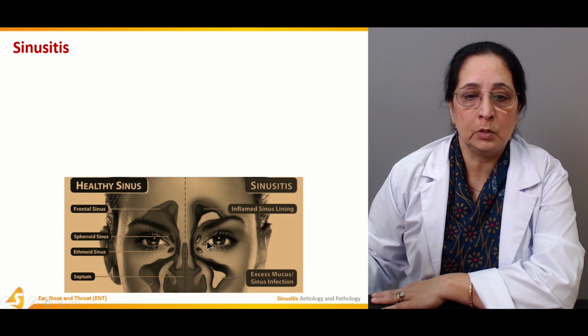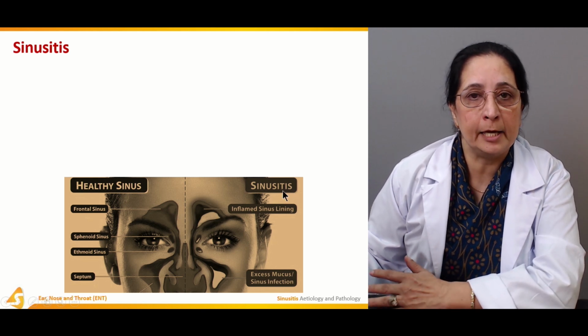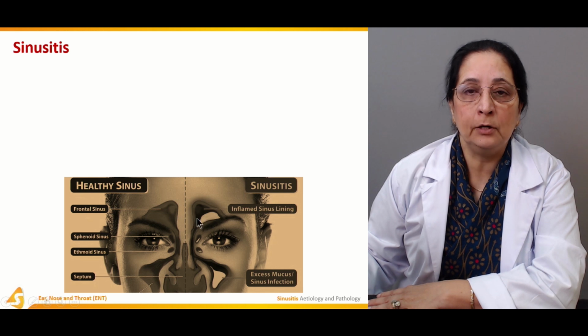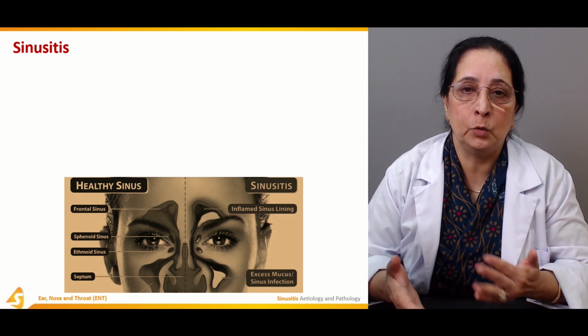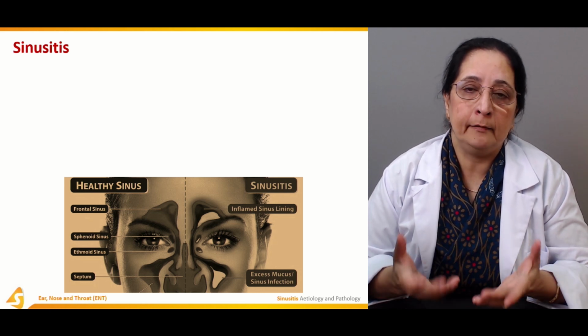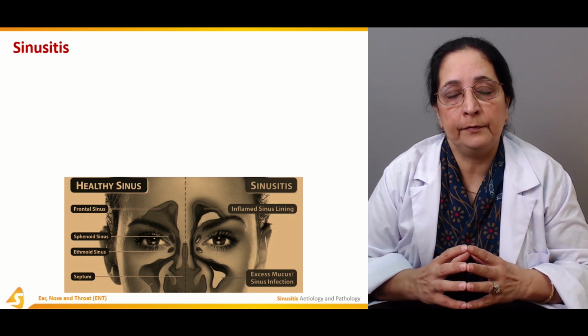This picture shows how the sinuses appear if there is inflammation leading to sinusitis. They have inflamed lining of the sinus. Inflamed lining of the sinuses leads to increased production of mucus, and there is discharge and there is stuffiness of the sinus.